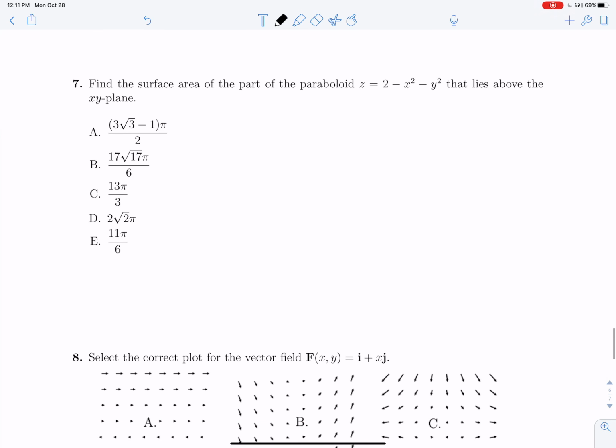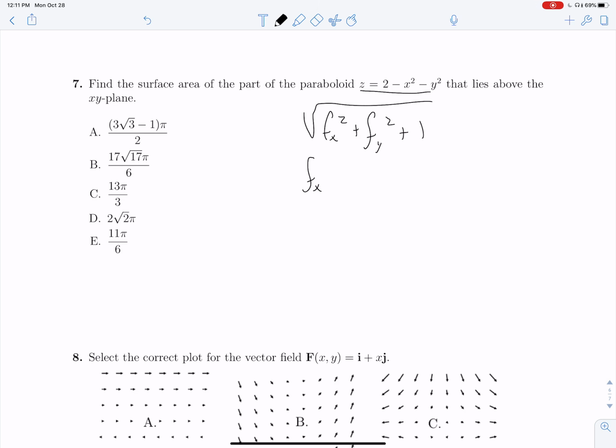Okay, surface area integrals. Again, these are not on the exam, but they're still good to do, just to know. Pretty useful. So we know that for a surface area integral, the integrand is the square root of fx squared plus fy squared plus 1. And we can find that pretty easily.